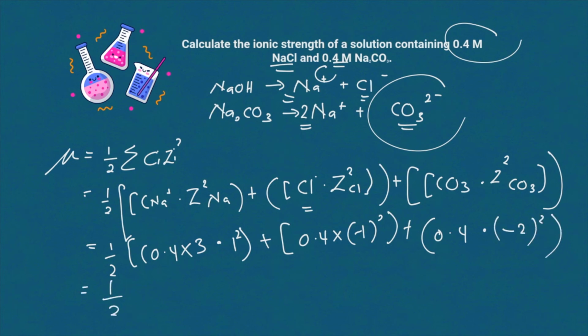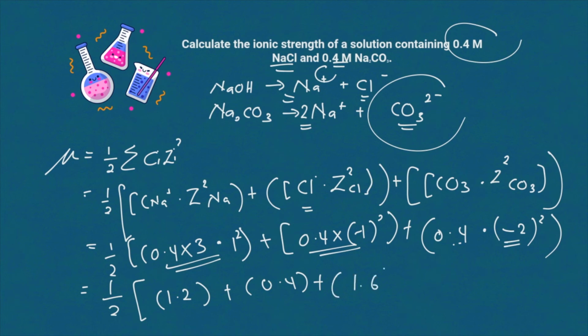So half, this one you need to find the answer for, which is 1.2, plus this one, because negative 1 squared is just 1, so 0.4. Same goes with this one, negative 2 squared is equivalent to 4, so 0.4 times 4 is equivalent to 1.6.